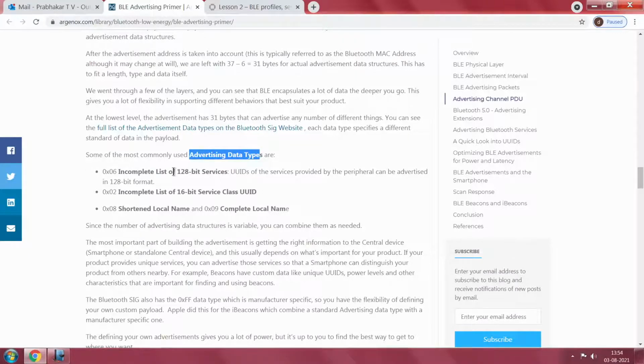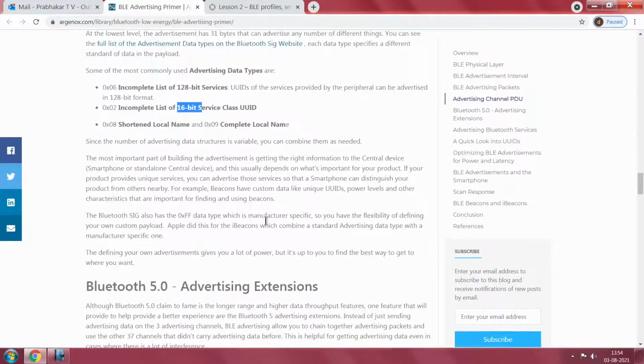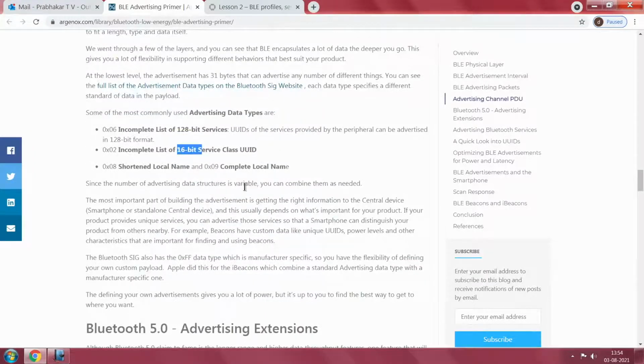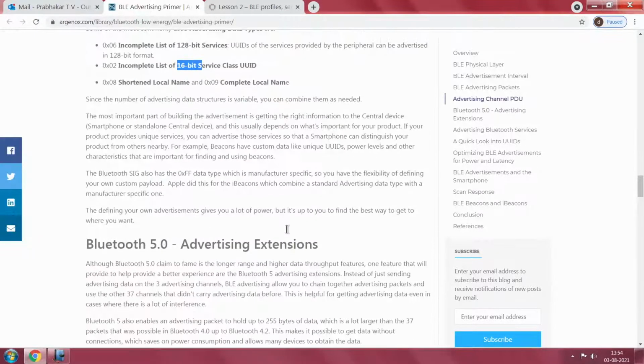Here 16 bytes are just going away, and this is 2 bytes and this is some other type. So you can see how the payload is already getting hogged by these advertising data types. You can also define your own advertising types and it gives you a lot of power, but it is up to you to find the best way.